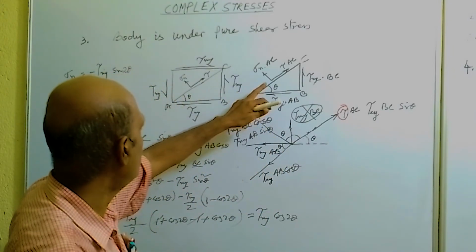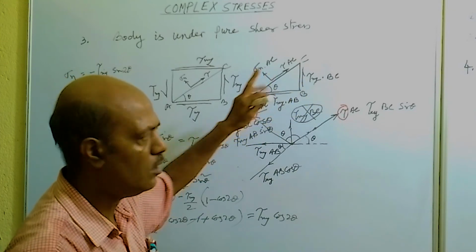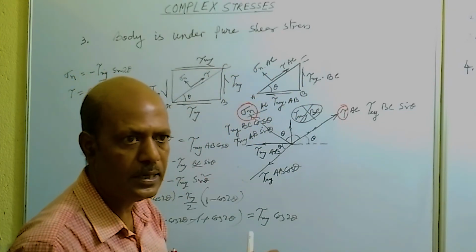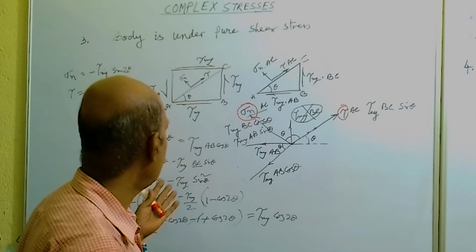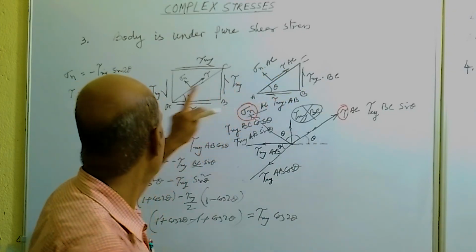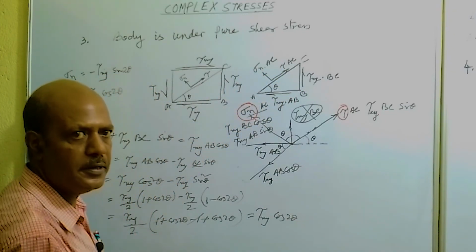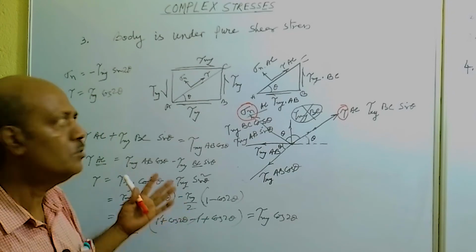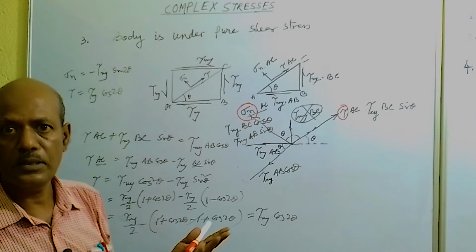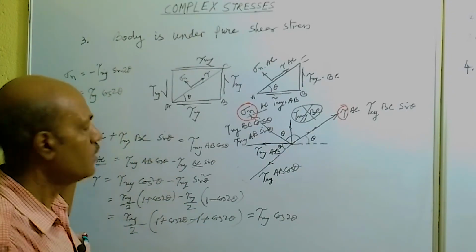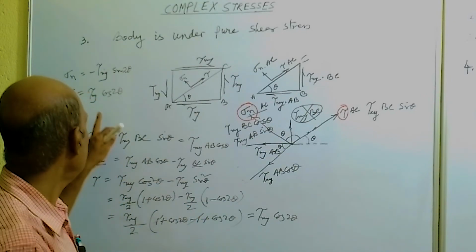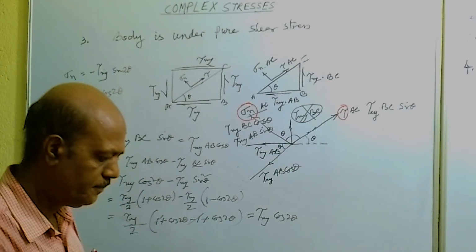So when the body is under only shear stresses, or you can say the body is under pure shear, the sigma n and tau developed on the inclined plane are given by sigma n equal to minus tau xy sin 2 theta and tau equal to tau xy cos 2 theta.